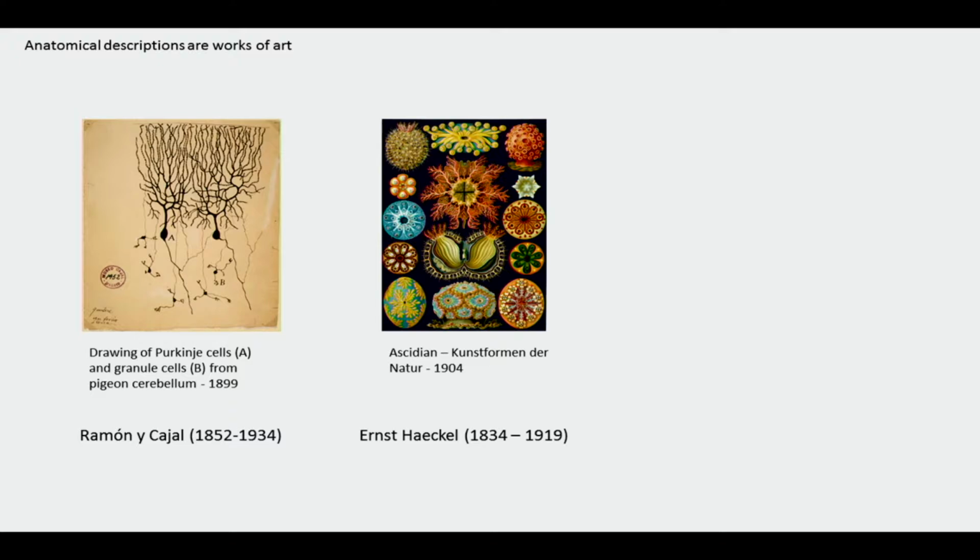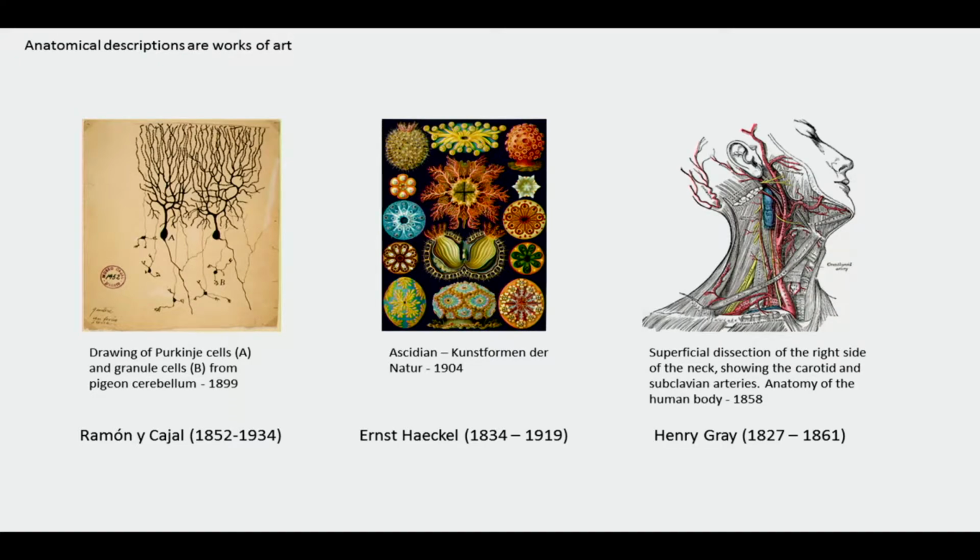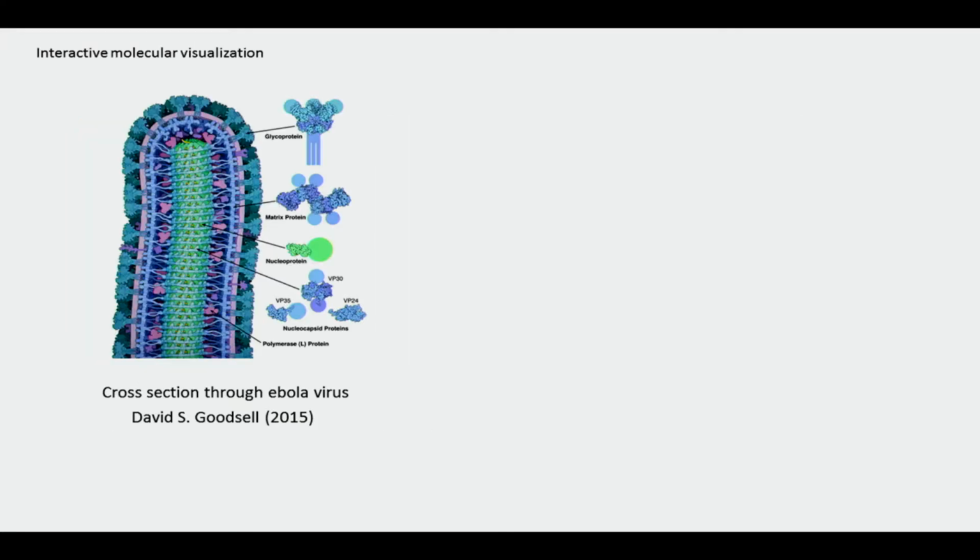He also drew many representations of different species. In that case it's the ascidian, but he grouped them by species. And Henry Gray is also very famous and has inspired many artists, and he provided a very beautiful anatomical description of humans.